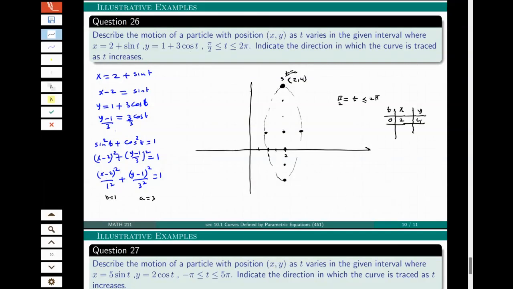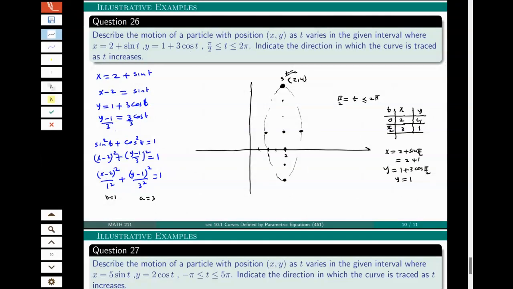Now, when t is equal to pi over 2, what will happen to x? It will be x equal to 2 plus sine pi over 2, which is 2 plus 1, so it will be 3, and y will be 1 plus 3 cosine pi over 2, so y equals 1.